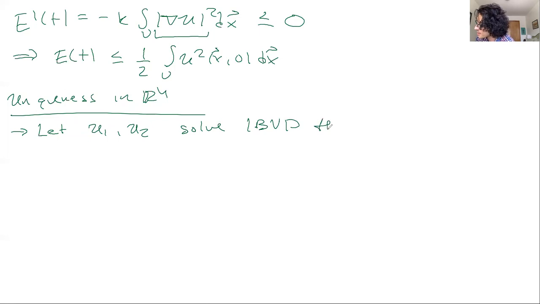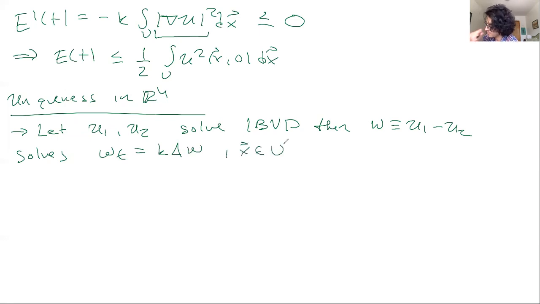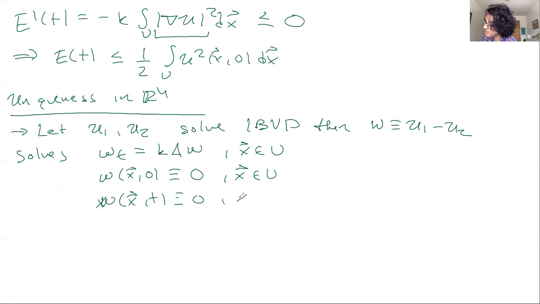Then essentially w equals u1 minus u2 solves w_t equals k Laplacian of w, where x lives in the domain. w at x, 0 is equal to 0, and w at x, t is equal to 0 wherever x is on the boundary for t greater than 0. So PDE, initial condition, boundary condition.